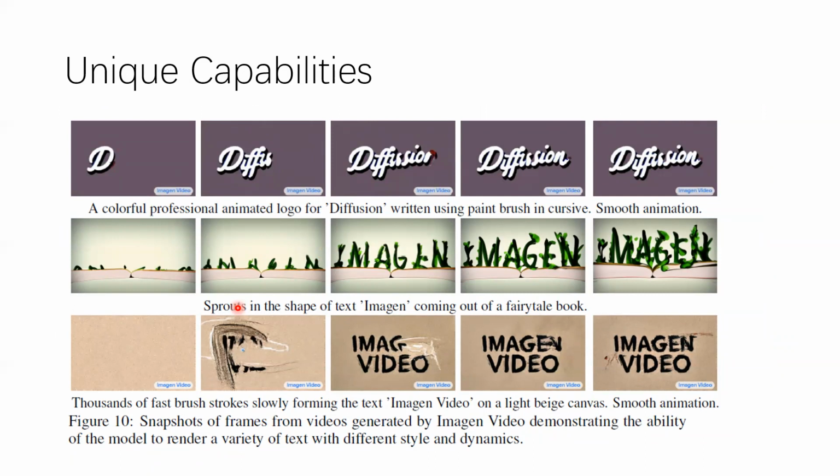And the third one is generating a variety of text with different styles and dynamics. These are all very interesting and unique abilities of this diffusion model compared to the earlier video generation models built with GAN or VAE.